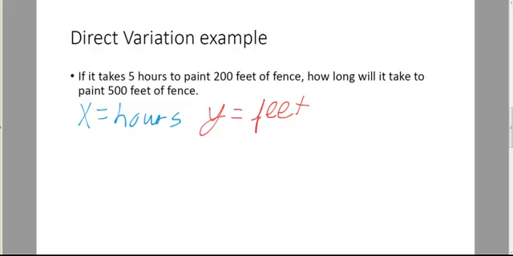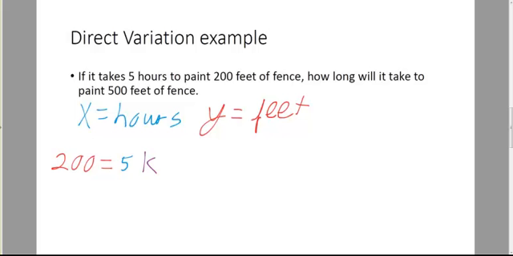Now, as a person, I need to figure out how fast I can paint some fence. I know I have 200 feet that I am painting for 5 hours, and so I need to figure out k, which will be the amount of fence I can paint in 1 hour.